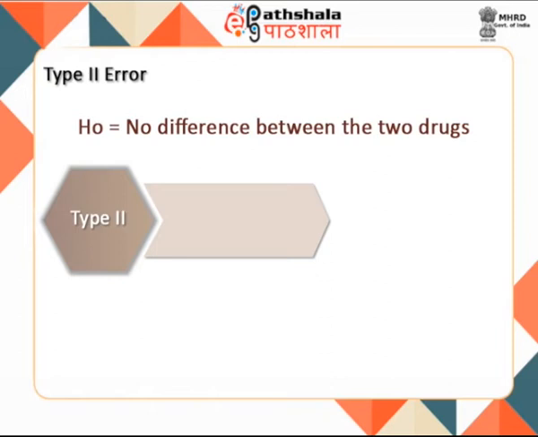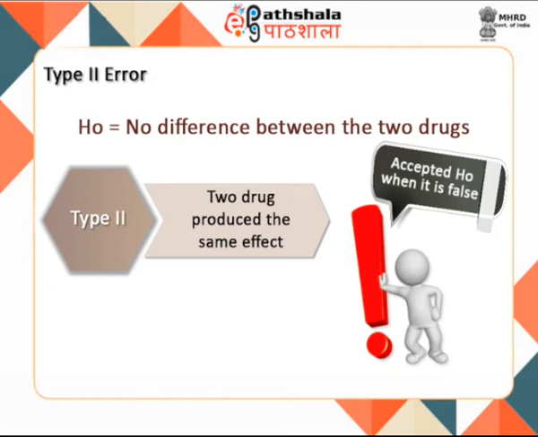A type 2 error would occur if it was concluded that the two drugs produced the same effect, when in fact they produced different ones, that is, you have accepted H naught when it was false. The probability of a type 2 error is generally unknown and is symbolized by beta and described as P(type 2 error) equals beta.